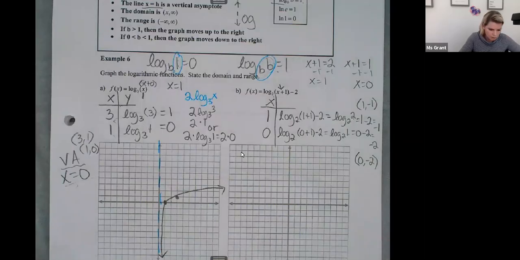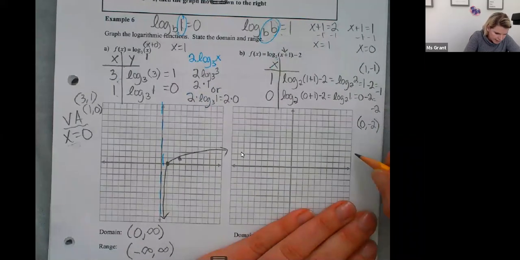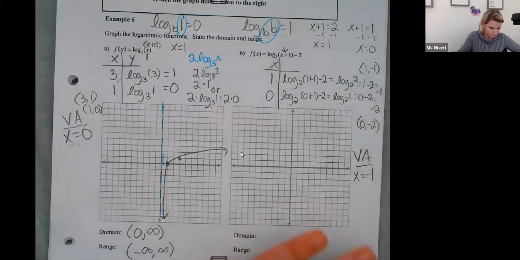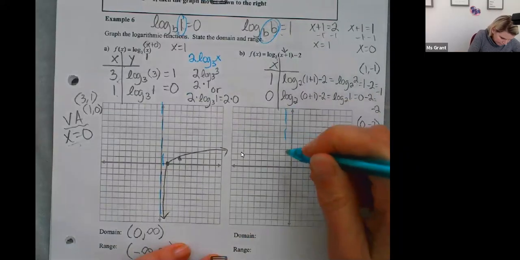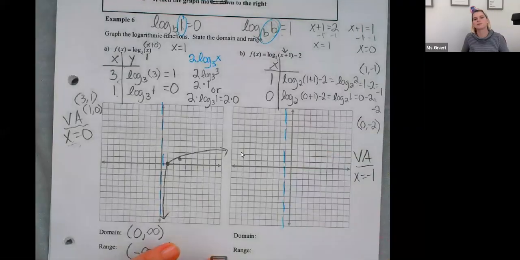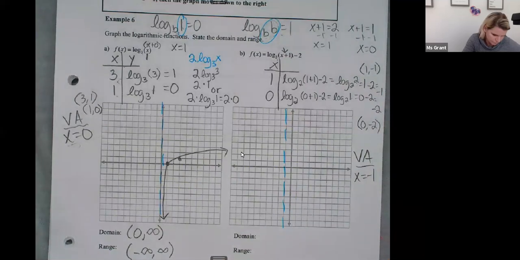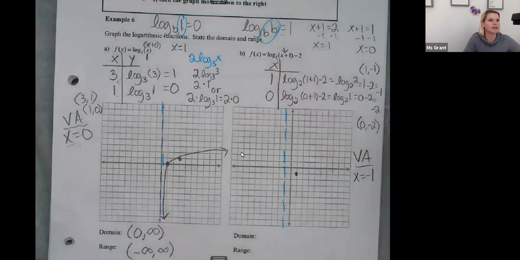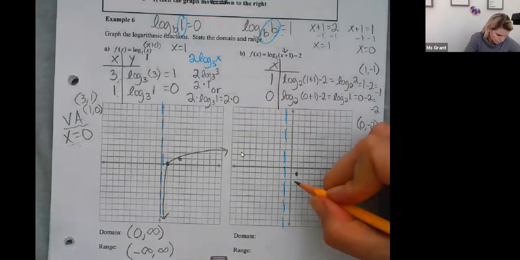My vertical asymptote is my h. X equals negative 1. So I'm going to graph that. X equals negative 1 is my vertical asymptote. And now I can graph my ordered pairs. 1 comma negative 1 and 0 comma negative 2.